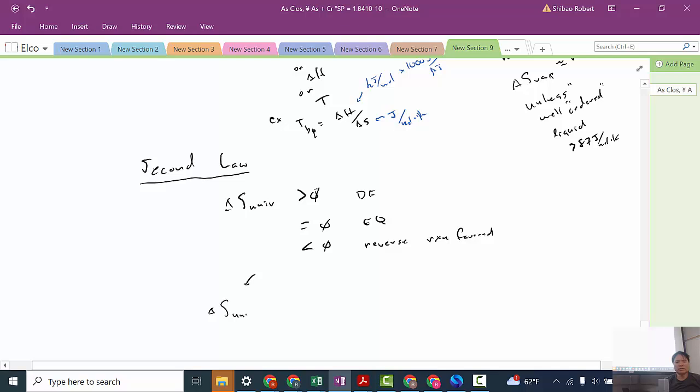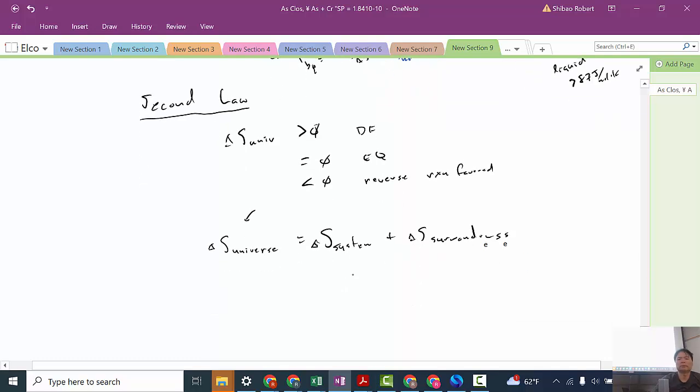So delta S of the universe is equal to delta S of the system plus delta S of the surroundings. Delta S of the system we're going to leave as is, because it is manageable.